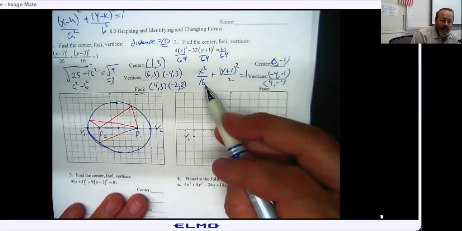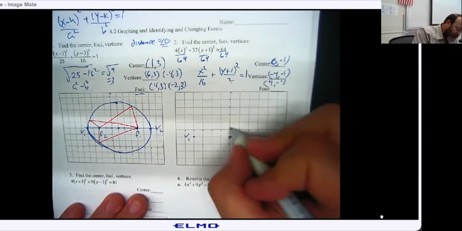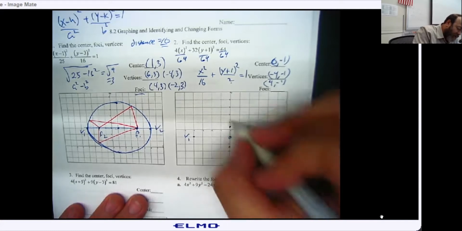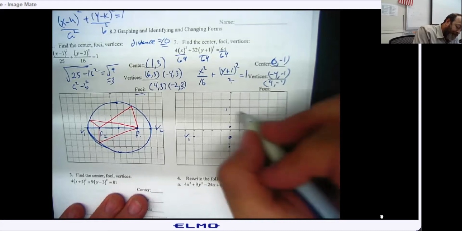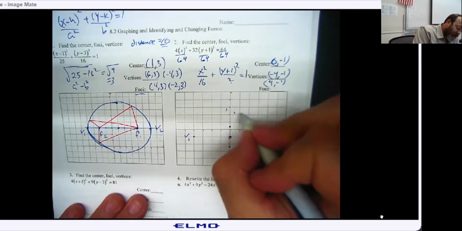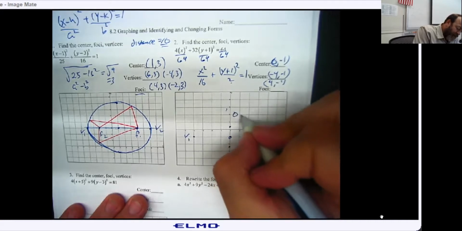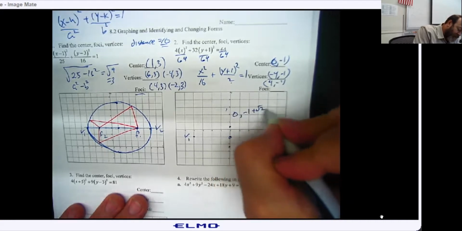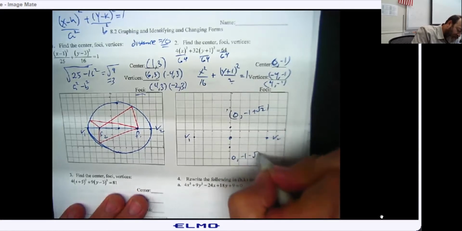This 16 was 4. This is b squared, so b is going to be root 2. That's kind of ugly. So I'm going to start at (0, negative 1 plus root 2) and (0, negative 1 minus root 2).